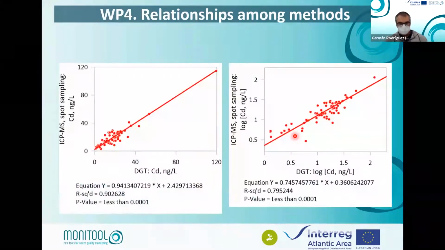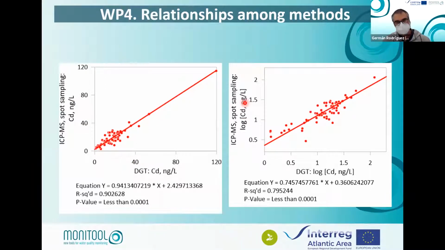Regarding cadmium, in this graph, on this axis we are putting the mean value of the different replicates of DGT, in nanograms per liter, and on this axis is the mean value measured in filtered waters with ICP-MS. We can see that there is a strong relationship between both methods, and it's quite linear.